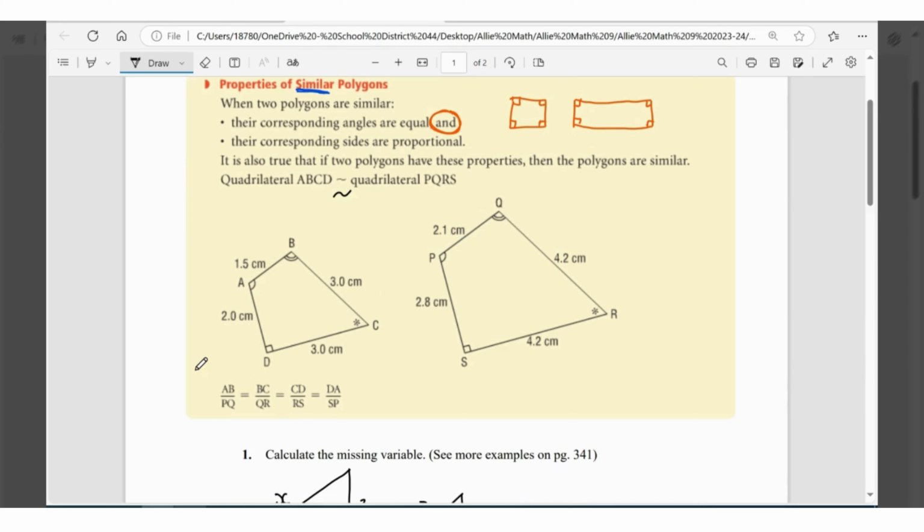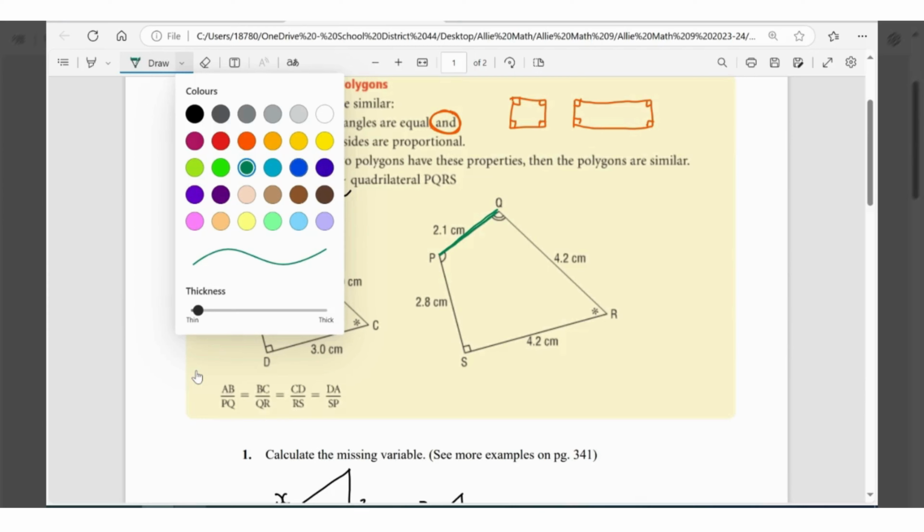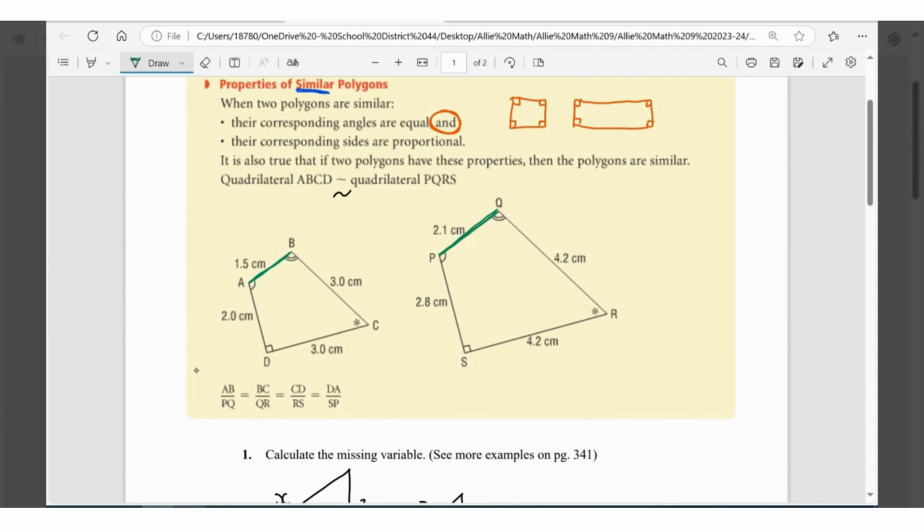So they've showed that, for example, side AB, they've lined it up with PQ on the other one. And side BC should be the same or proportional to QR.